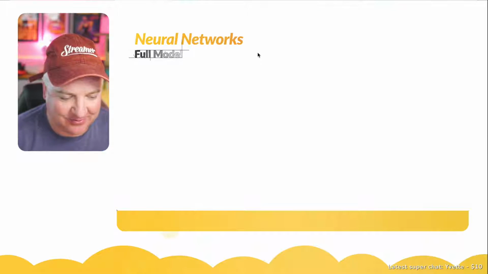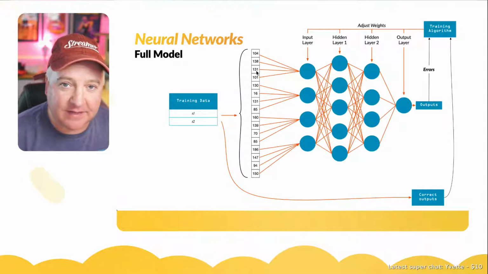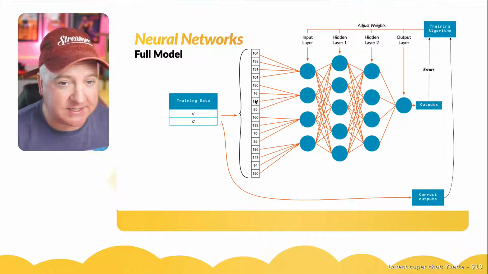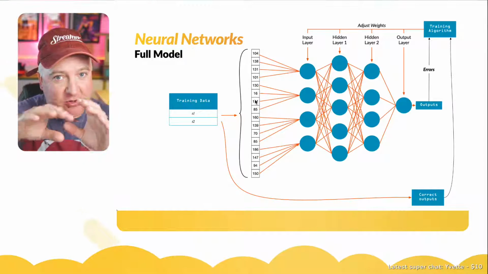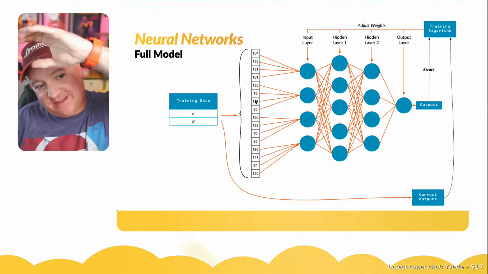Right, here we go. In this full model, down the side here, these numbers represent the pixel values between 0 and 255. Remember that grayscale? We split up the image into all the different rows and made it a very long thing, and then we tilted it on its head.